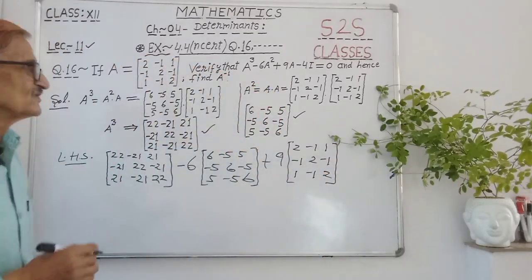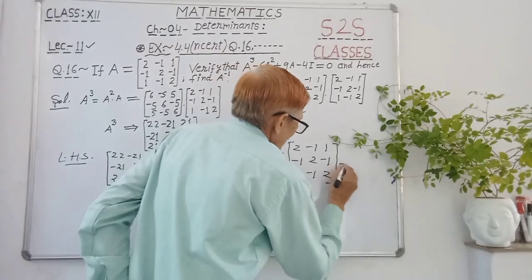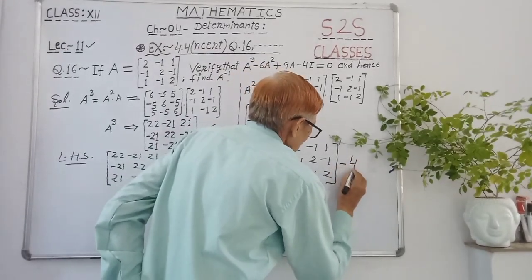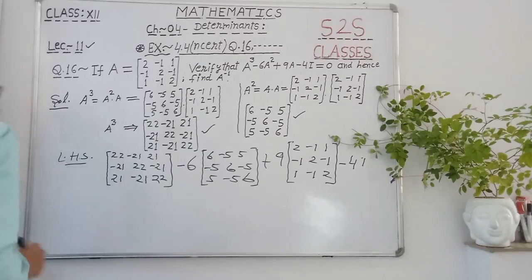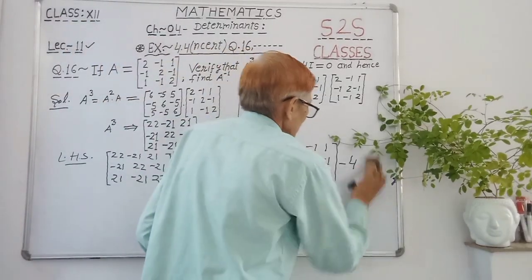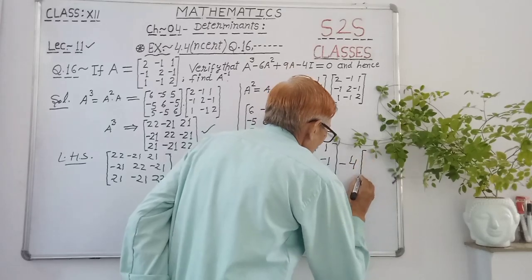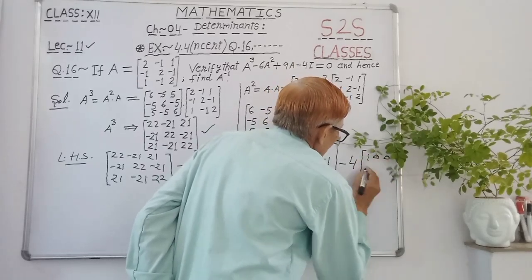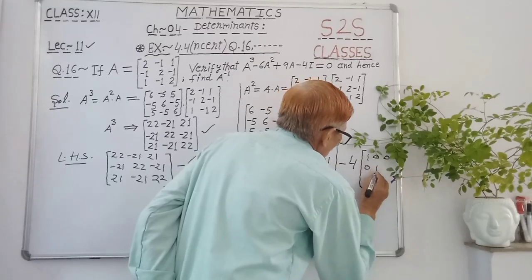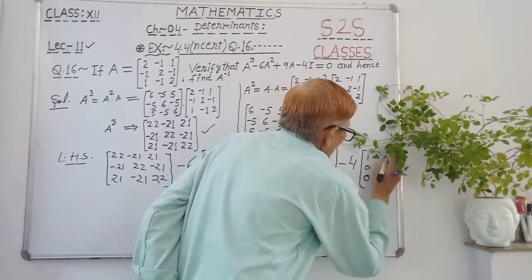This 9 into A, minus 4I. I means here 3 by 3, because the others are 3 by 3 matrices, so subtraction and addition must be with the same order, so it must be 3 by 3. So I is 1 0 0, 0 1 0, 0 0 1.